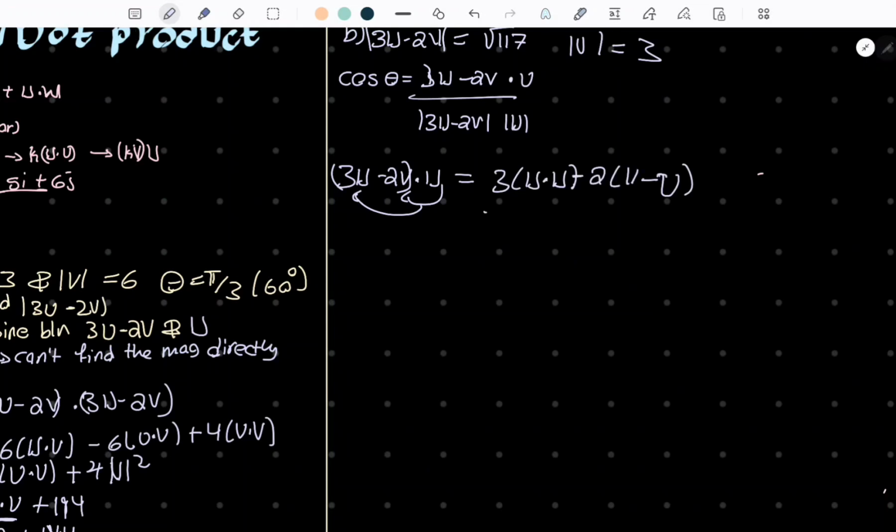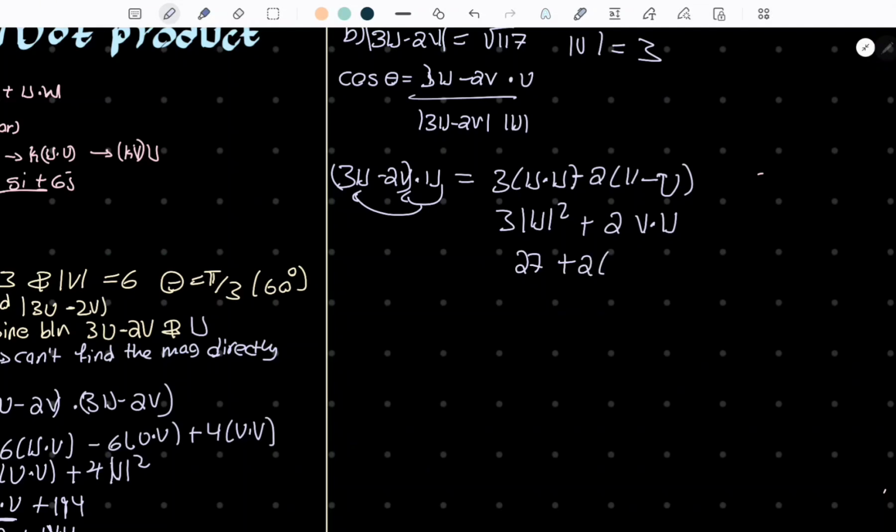So first we have to compute 3 u squared minus 2 v dot u. So u squared is going to be 3 squared, 9. 9 times 3 is going to be 27, minus twice of v dot u.